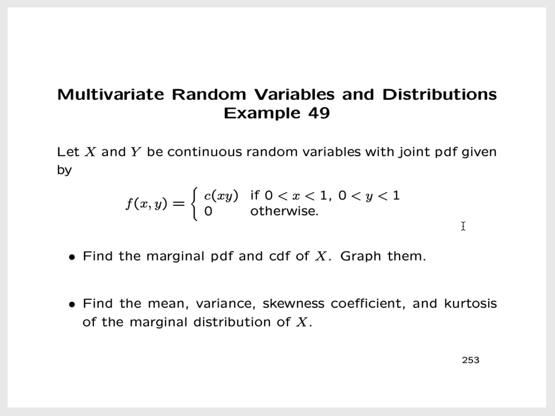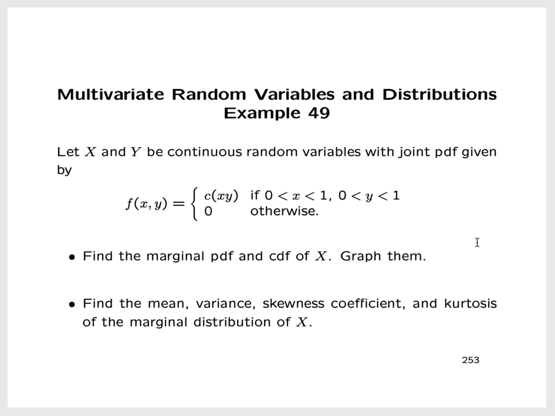So what we're asked to do in this example, which is example 49, is to find the marginal PDF and CDF of x, then graph those, and also find the mean, the variance, the skewness coefficient, and the kurtosis of the marginal distribution of x. Our focus in this lecture video is to find the marginal PDF and the marginal CDF.